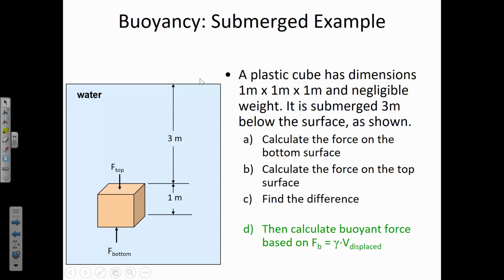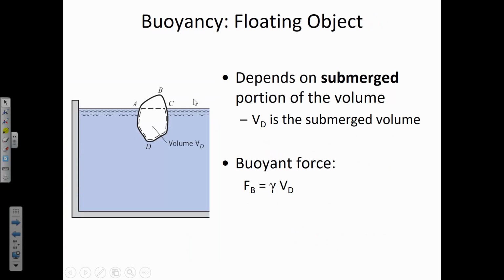If this is plastic, we can presume that it's going to float to the surface. Most plastics are lighter than the density of water. So it probably hasn't reached equilibrium yet. This object is floating. And the point that I want to make is that buoyancy doesn't depend on the volume of the object itself, but on the submerged volume of the object.